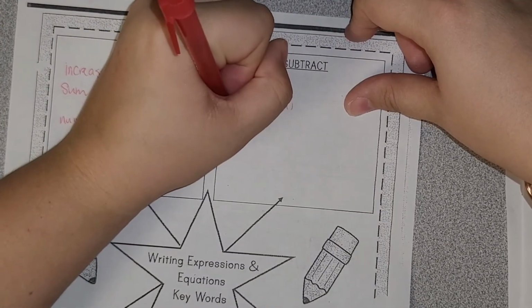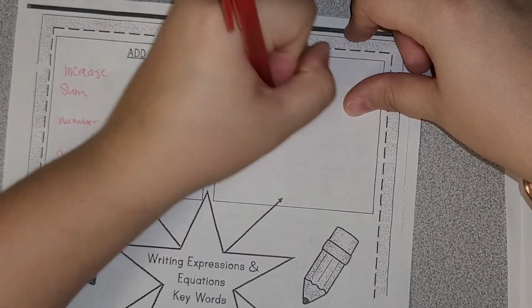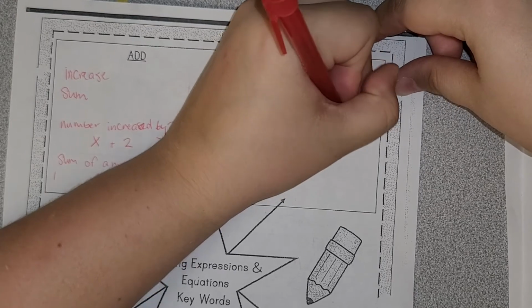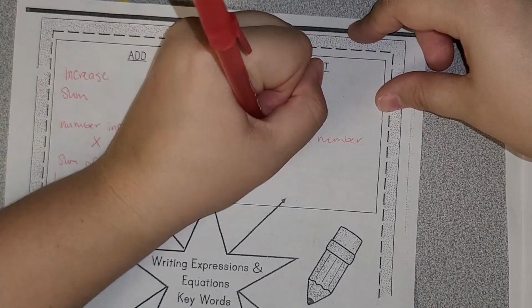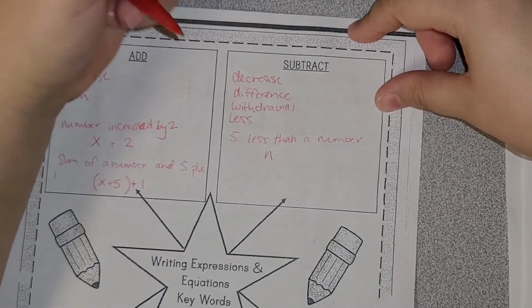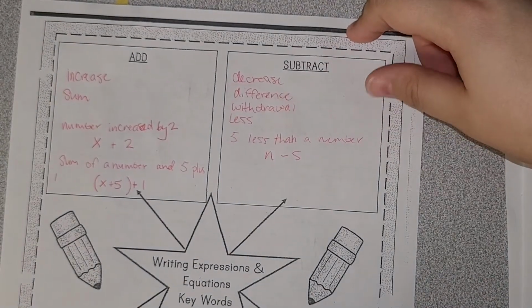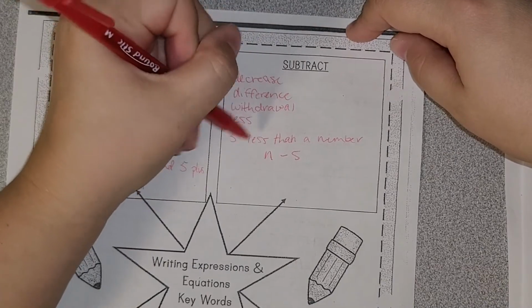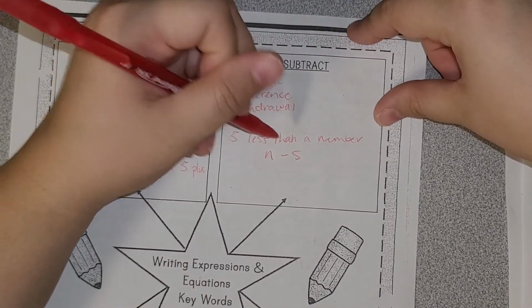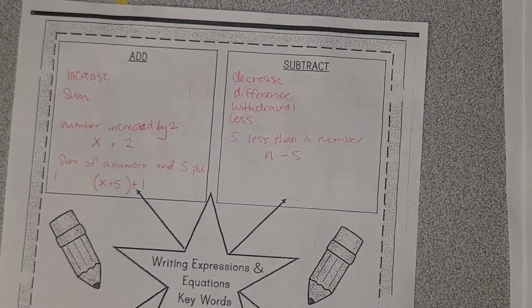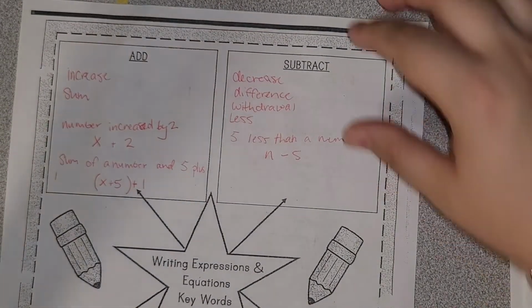If I said 5 less than a number, I'm going to say, okay, I've got my number, which I'm going to write as n here, minus 5. Now, a lot of people would try and say 5 minus n because that 5 is written first in the problem. But if I say 5 less than, I know that I need to be 5 less, which means I'm subtracting that 5. All right?